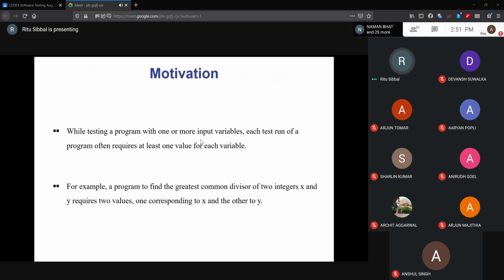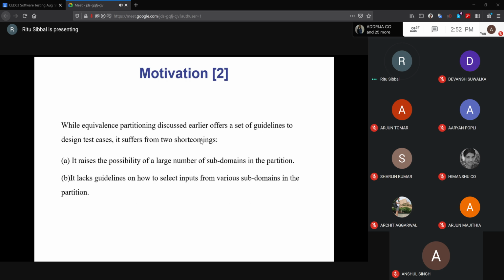Now, equivalence partitioning is a good technique, but it has got some shortcomings. It raises the possibility of a large number of subdomains in the partition. And again, there are no guidelines on how to select inputs from the various domains.